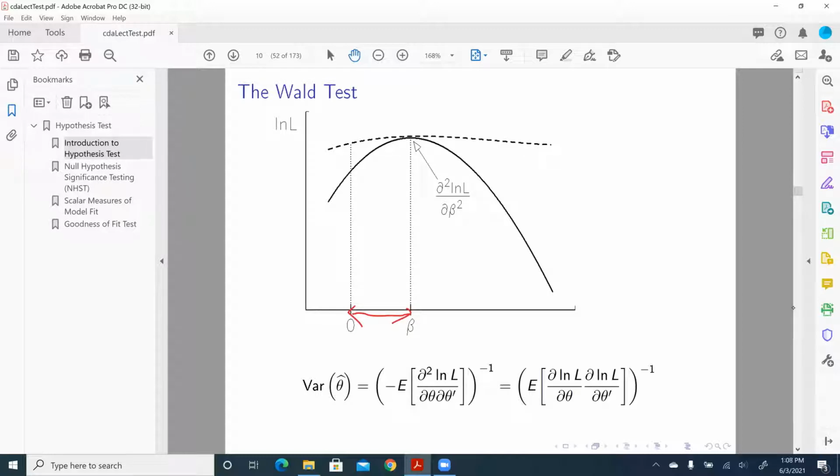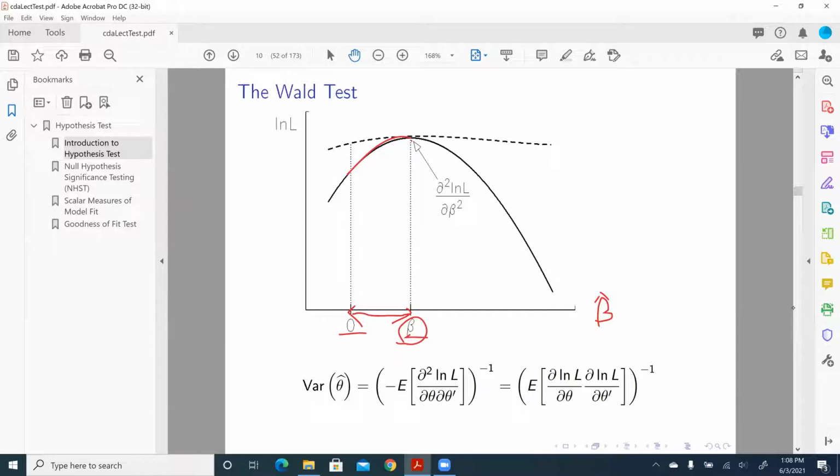If the null value specified is 0; sometimes it's not specified as 0, but in most cases it is. So it looks at the distance between these two values. This is the ML estimator. And then it's going to look at the curvature of this log likelihood function. This is the log likelihood as a function of beta, this is the beta maximum likelihood estimator, and this is 0.